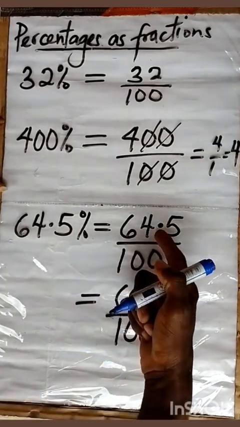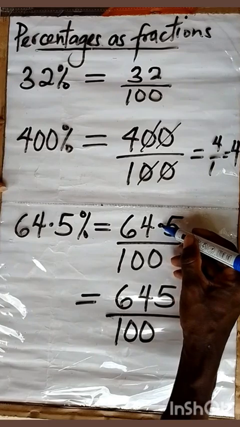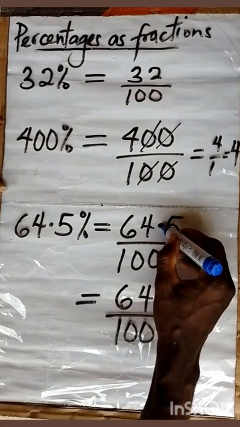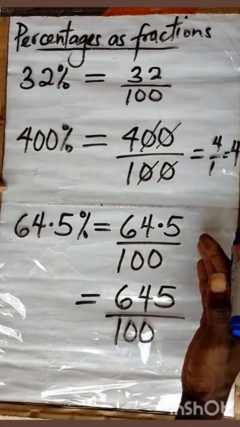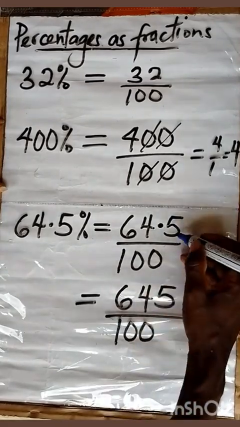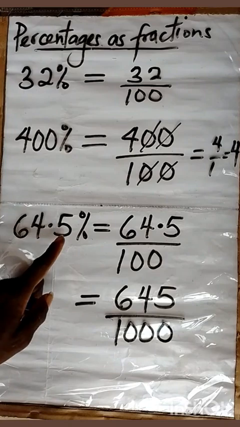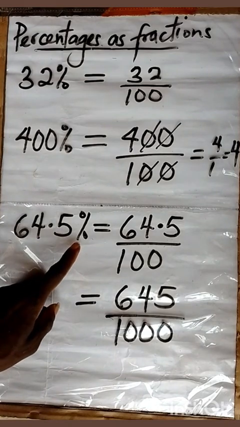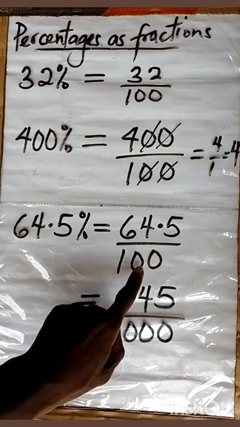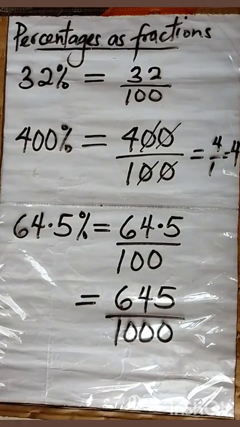Remember that during decimals, this one is supposed to be represented by 1, but because I already have the 100 here, I will not bring in 1 again, but it's still there. So I just count the number of digits after the decimal and add it to what I have on ground. Here I have 1 digit, so I add 1 more 0. So 64.5% is the same thing as 64.5 over 100, and then the same thing as 645 over 1000.